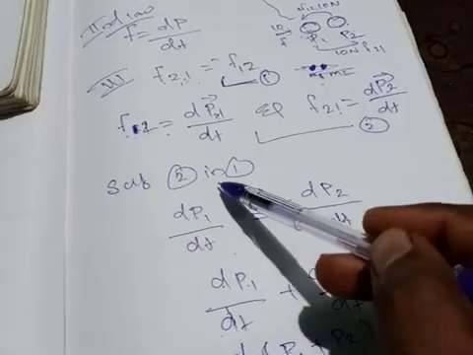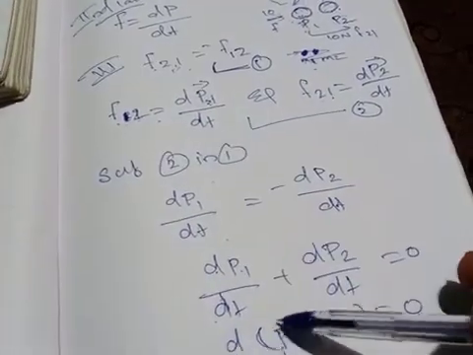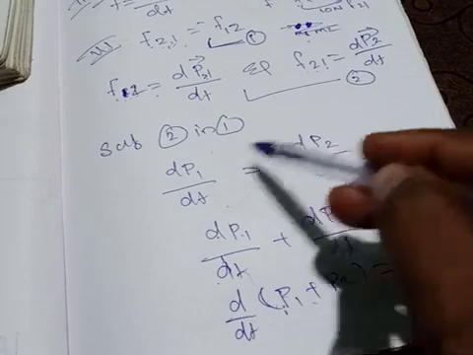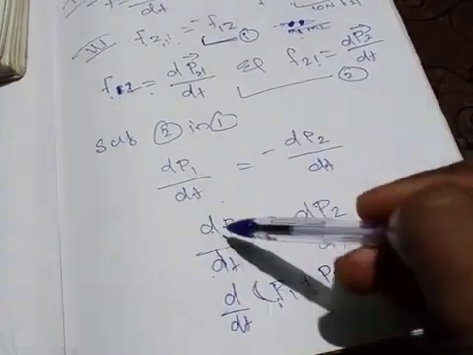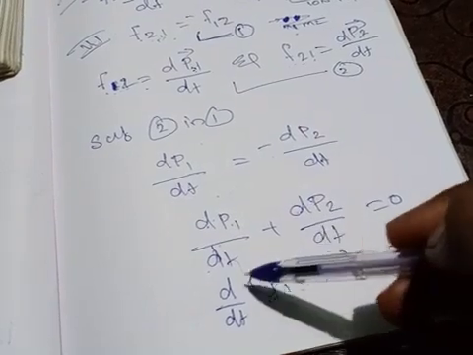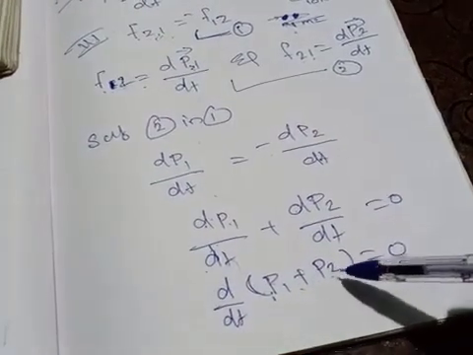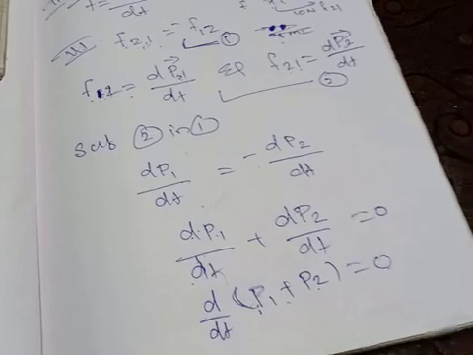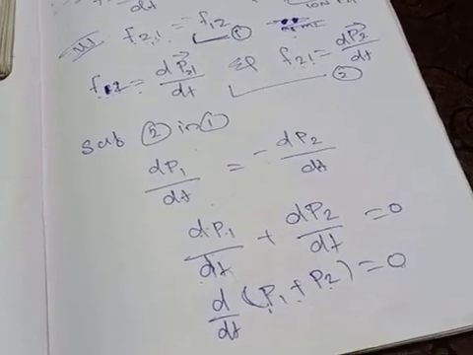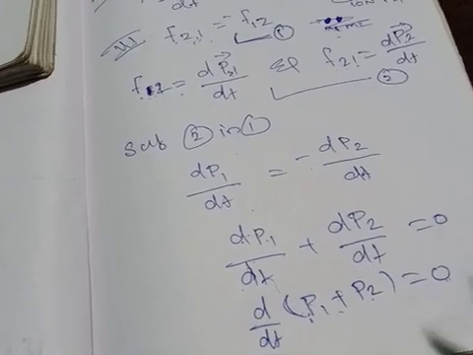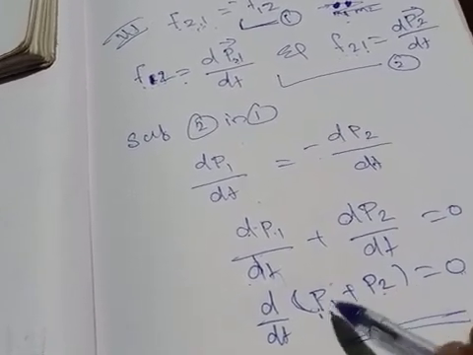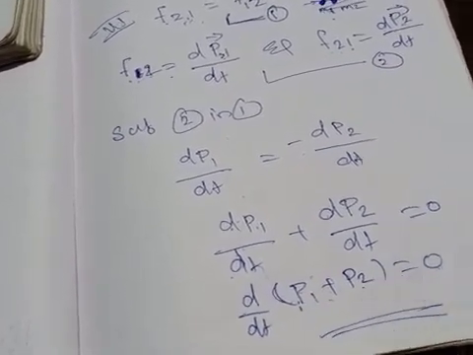Now substituting the second equation in the first, I am taking this minus part to this side, and d by dt is common, so you can take it outside. So d by dt of p1 plus p2 is equal to 0. So by using Newton's second law and third law, it is proved that total linear momentum is conserved in the system.